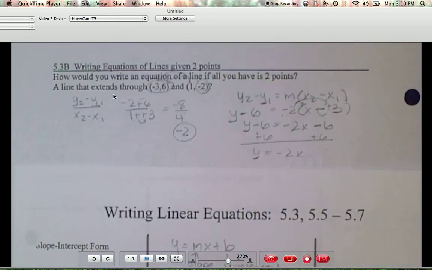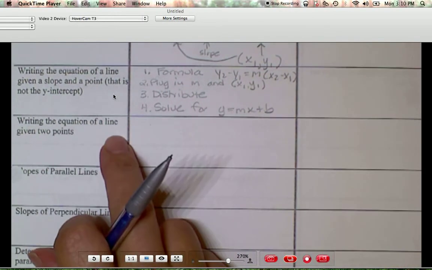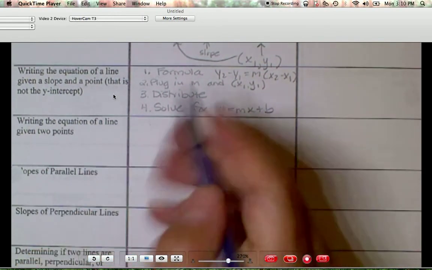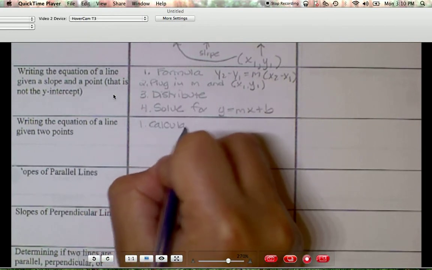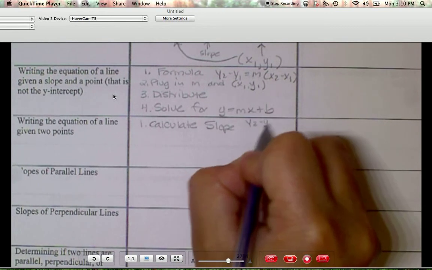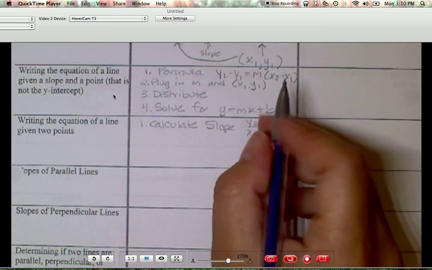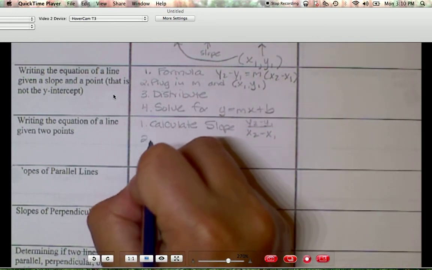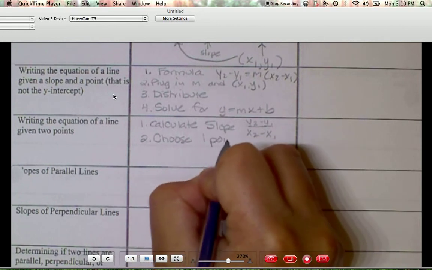So writing the equation of a line given 2 points here. The first thing we did was calculate the slope. Number 1, calculate the slope using y2 minus y1 over x2 minus x1. Once you have calculated the slope, then you need to remember, this is very important, choose one point.